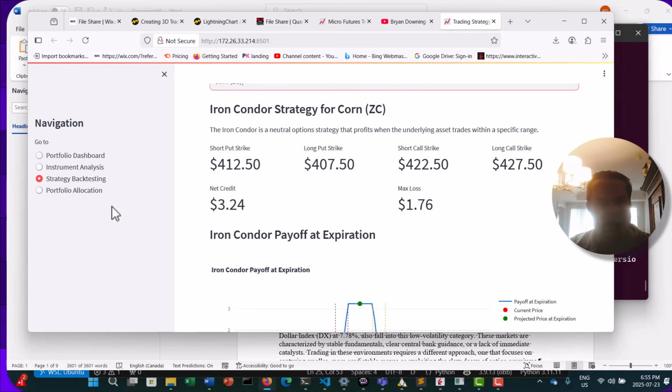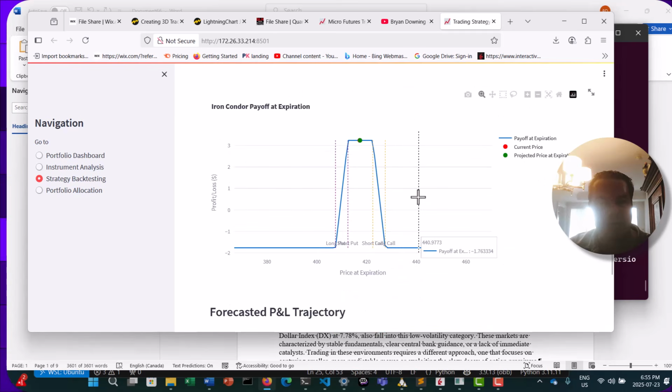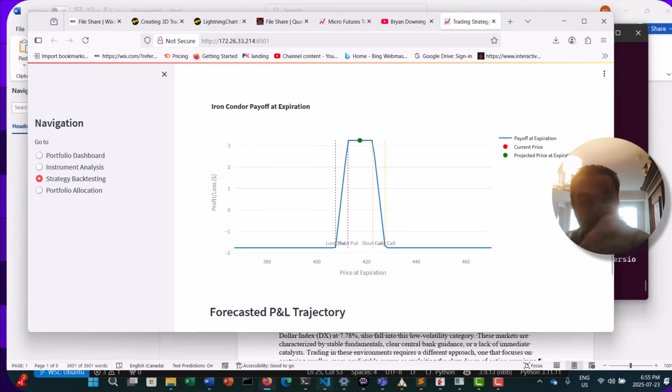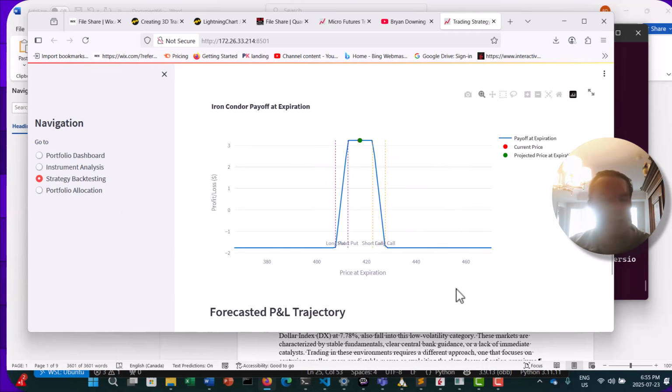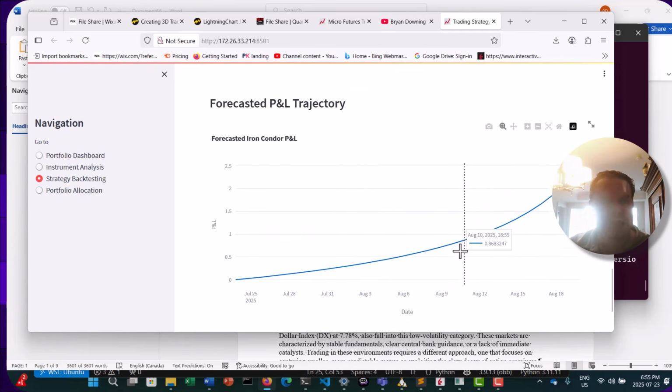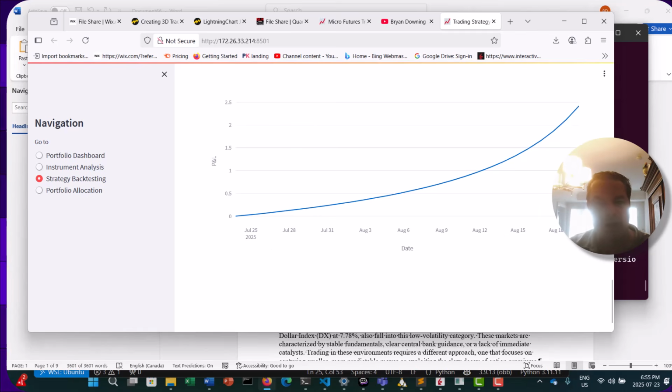If it's an Iron Condor, here's our short put, long put, short call, long call, net credit, max loss. And here's our payoff diagram. And again, I put all that in my course that I'm going to have as a standalone soon. So all this is going to be part of that. Here's a trajectory over the profit, and it gives you the overall return of August 15.